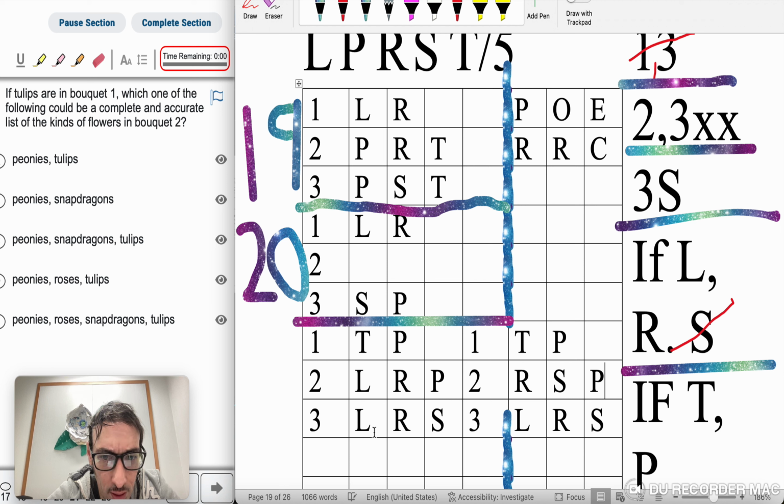So okay, so we see L. So we see LRP available, and we also see RSP. So we don't see a T at all. So let's eliminate where we see a T.